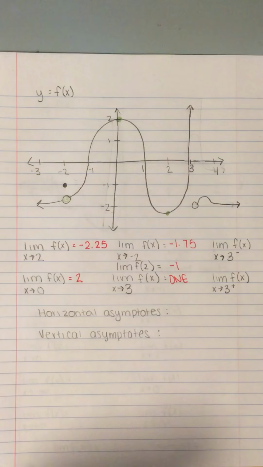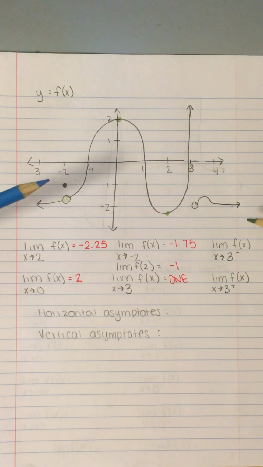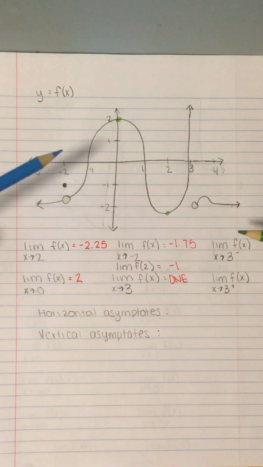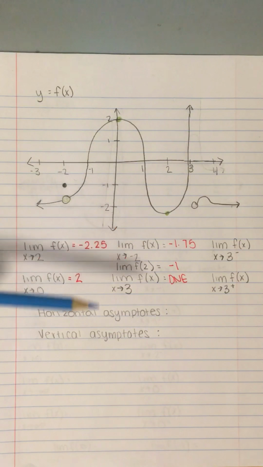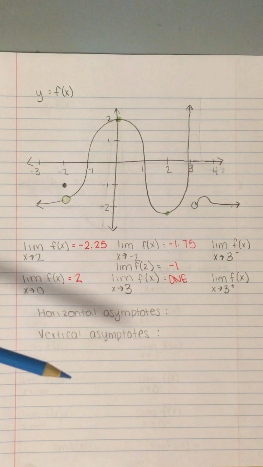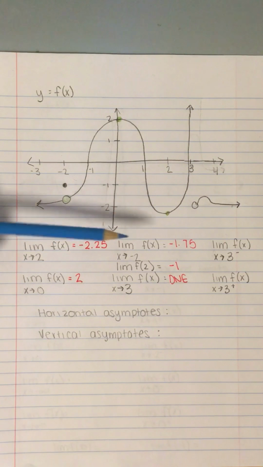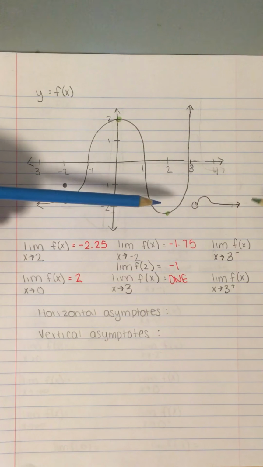So what we do in this case is we take a one-sided limit. We're going to take the right-handed limit and the left-handed limit, and figure out from two different sides what the limit as x approaches 3 is. So let's start with the limit from the left-handed side.